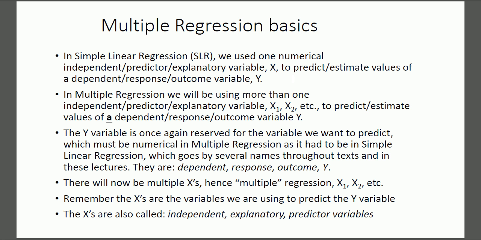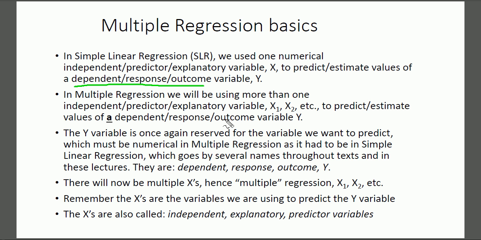We have a very special purpose for the variable x in regression. We also had a dependent variable, which went by a couple other names, the response or outcome, and that was the variable y. That was what we wanted to predict or estimate.